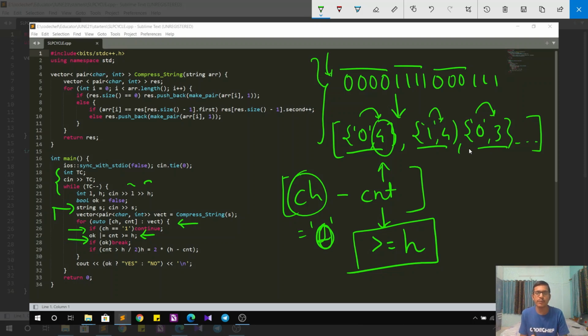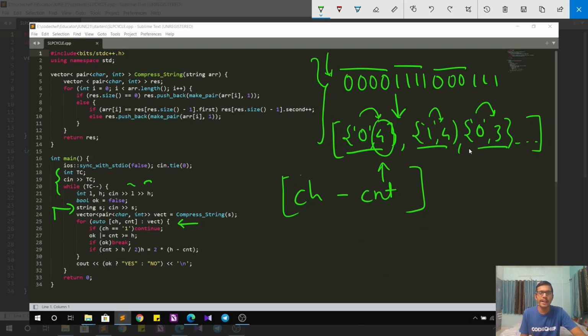Or else what I have to do is basically I have to then update my h. So how do I do that? So if it's not okay, that is my sleep is still remaining, then if and only if my count is greater than h by 2, because only then it is fruitful for me.